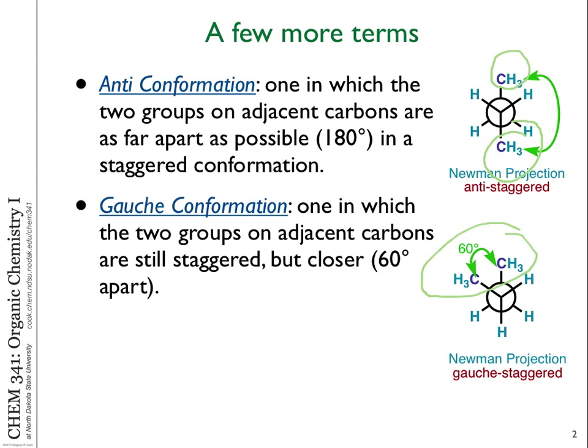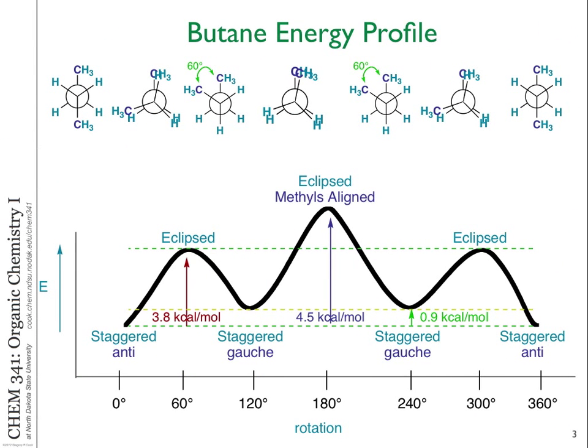And as we look at a molecule like butane rotating all the way around in 360 degrees, you can see as you go along that different interactions between the molecule provide different amounts of energy to that particular conformation. And they're not always equal. So we talked about this. The lowest energy conformation for butane is this one in which it has an anti-staggered conformation. That's here on the lowest point on this energy graph.